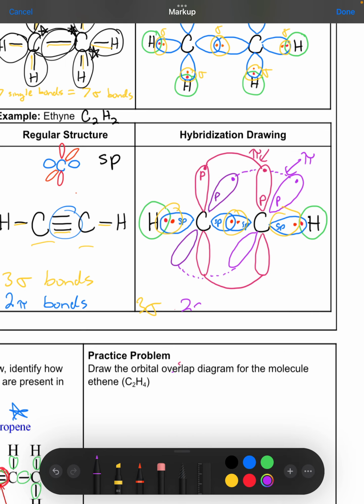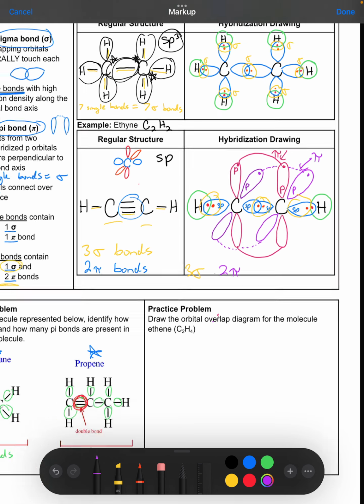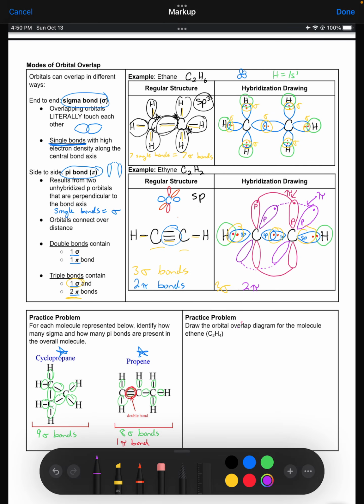And so that's where our 2 pi bonds are coming in. Again, I know, super confusing, but extra credits, you don't have to worry about it if you don't want to.